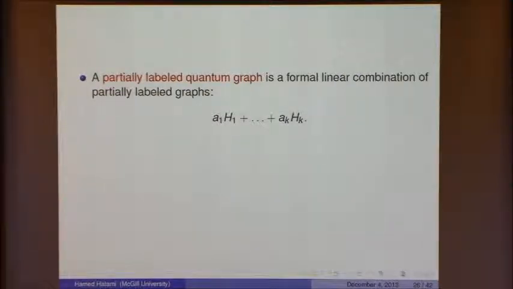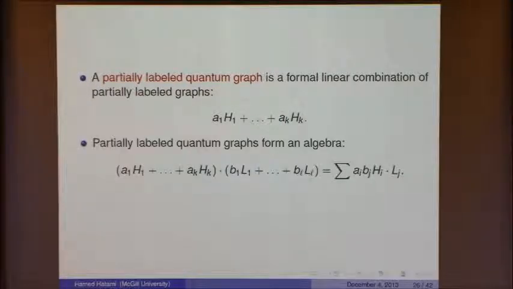Okay, we can do the same thing with partially labeled quantum graphs. I can look at their formal linear combinations and call them partially labeled quantum graphs. Now, I know how to multiply two partially labeled graphs, and I can extend it to partially labeled quantum graphs to turn it into an algebra. Given these two formal linear combinations, the product is defined the following way. You just expand it and take pairwise products, which we know how to do, just glue them over the labels.